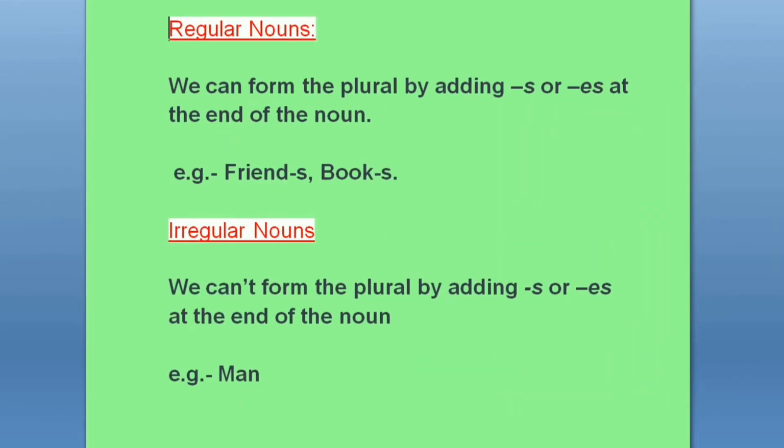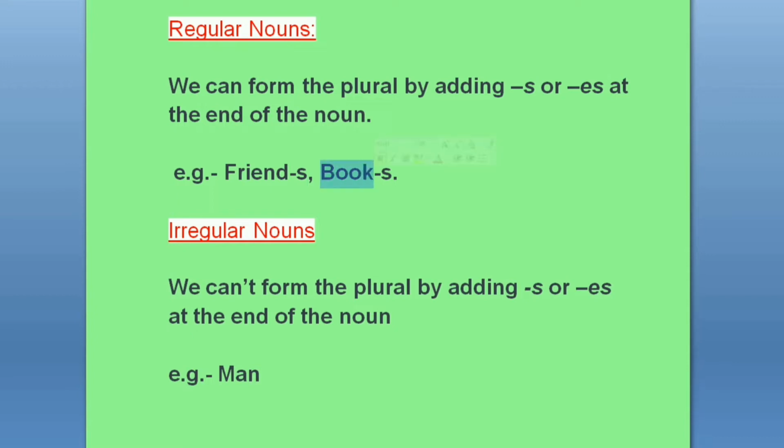So before discussing irregular nouns, first we must know about regular nouns. Regular nouns are nouns which we can form the plural by adding s or es at the end of the noun, as simple as it is. So you see on your screen, examples are given. First word is friend, which is a regular noun. We just add s at the end and make it plural, friends.